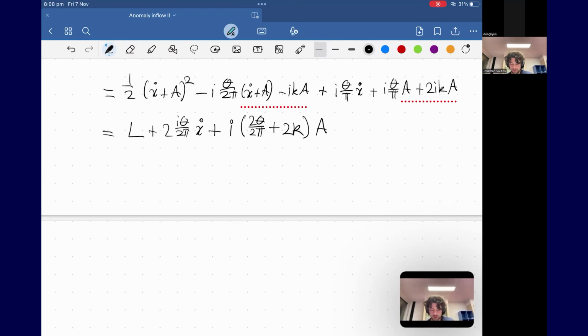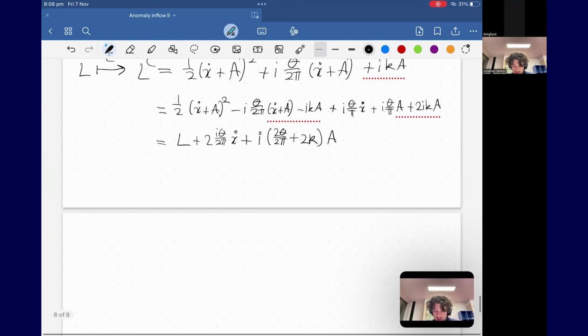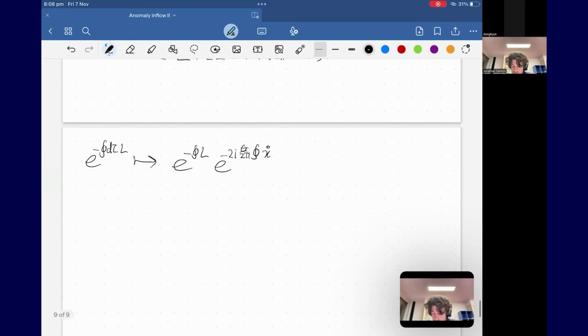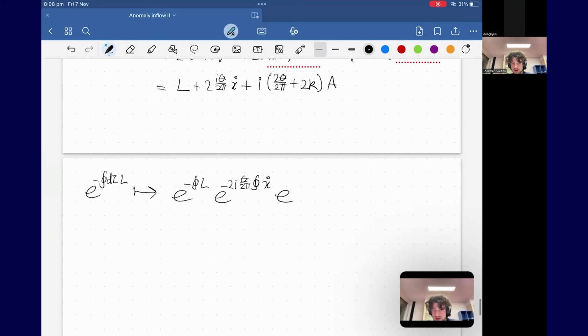Okay, so in particular, we want to consider e to the integral d tau L, which will then shift to e to the minus integral L times e to the minus 2i theta on 2 pi integral x dot. And then this is the anomaly term here.